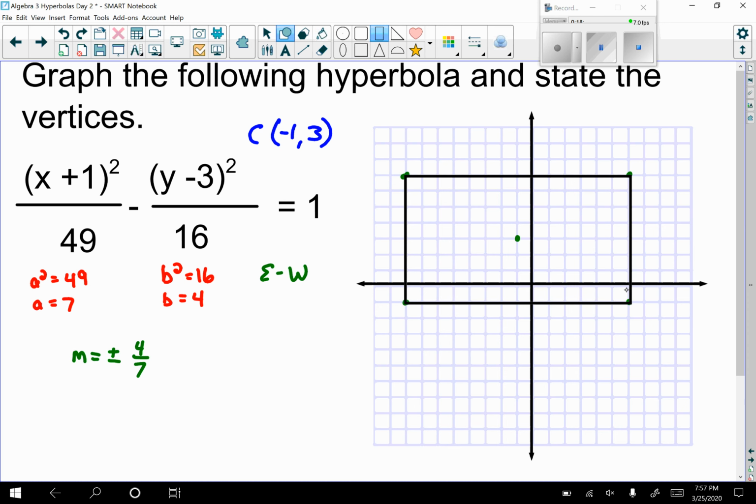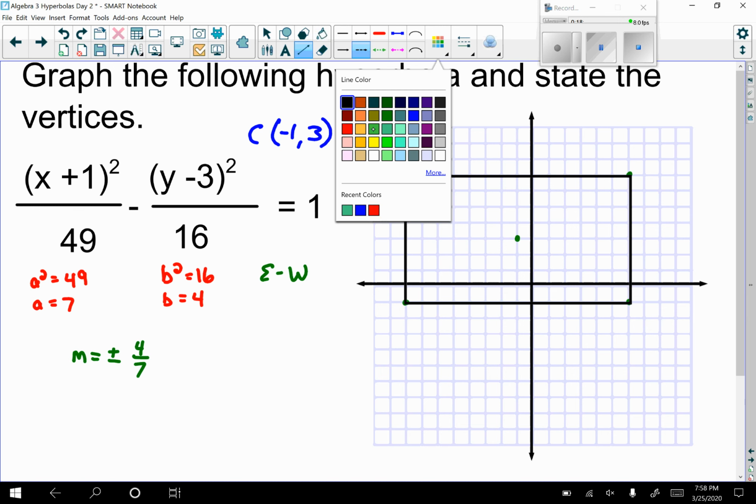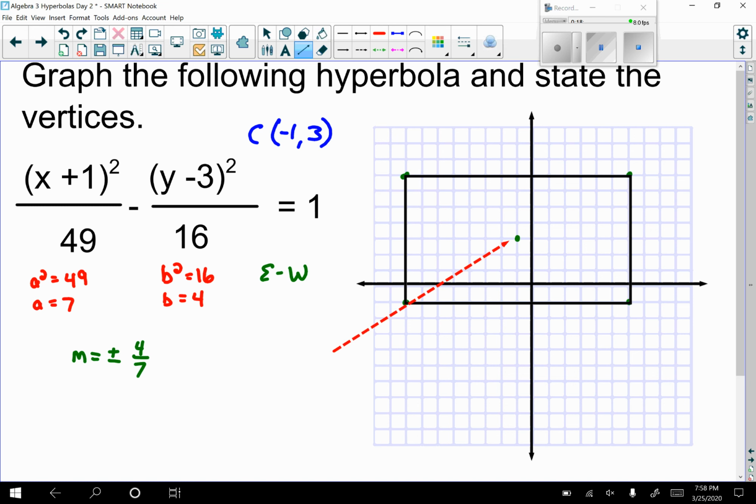We're going to draw on our diagonals for our asymptotes. All right, so that we have those.